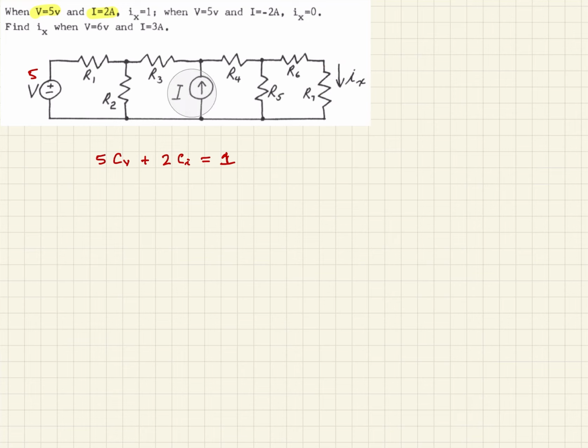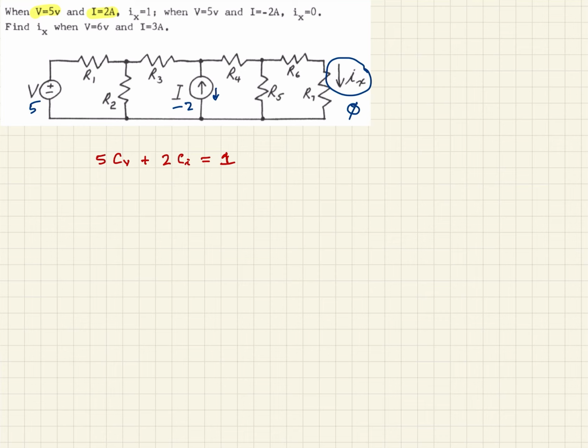Then we can come back and say, okay, we're given another set of conditions. Now we're told that when this is 5 and this is minus 2, so that means the current would actually be flowing that way, this value would then be 0. No current flows there.